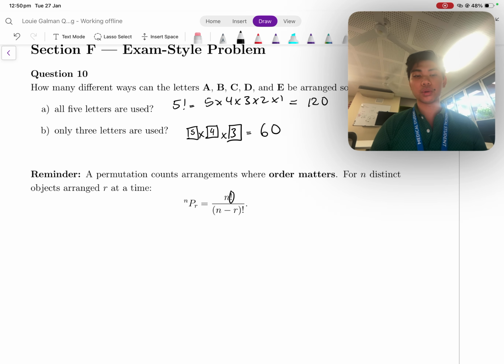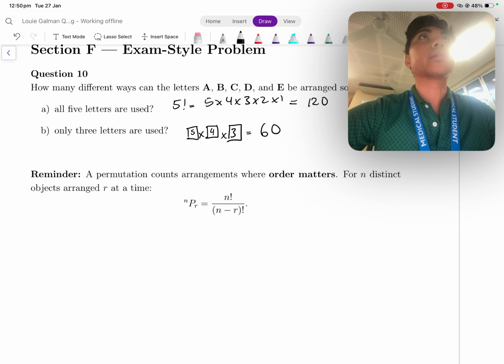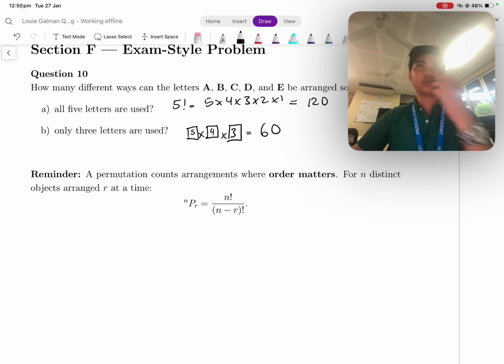I believe this is on the formula sheet. I'll quickly check if it was on the formula sheet as of the class of 2026.